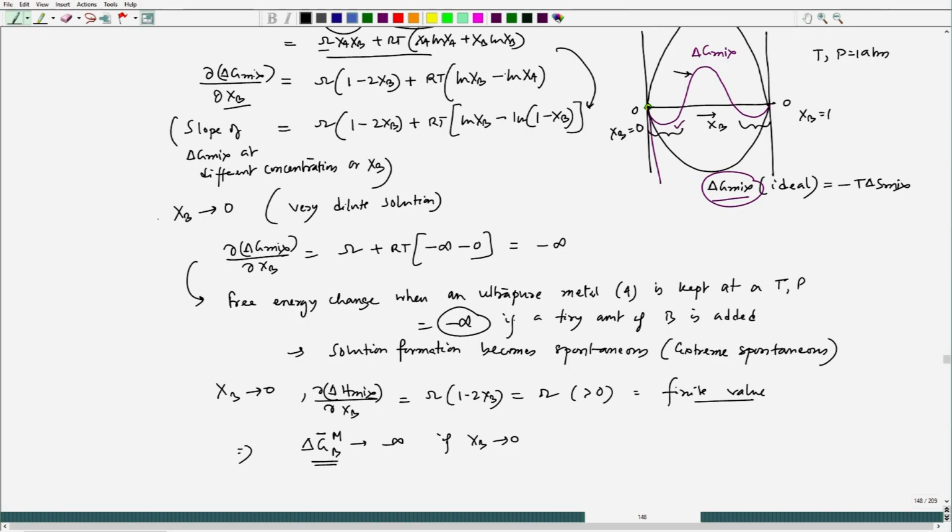As we go away from the pure state, the slope will gradually change, and the curve will become convex upward. Okay. So, this particular explanation is very important. A 100% pure substance, in this case a metal, is impossible to make.